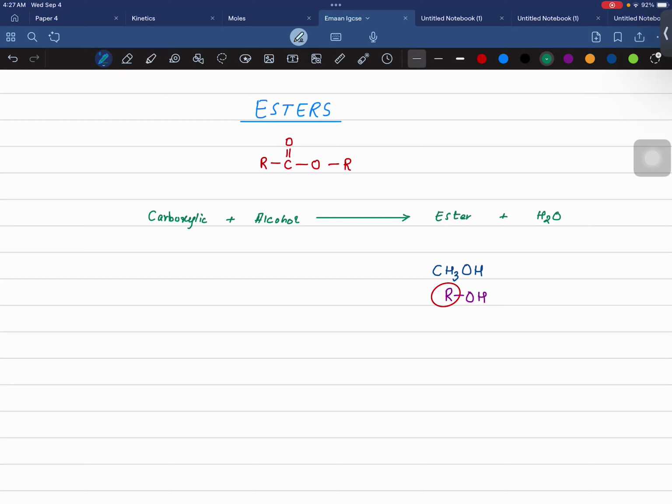They would react with each other in such a way that the carboxylic acid gives its OH and the alcohol gives its H. Ultimately, the water is released. The rest of the things combine with each other just like that. This is the ester.